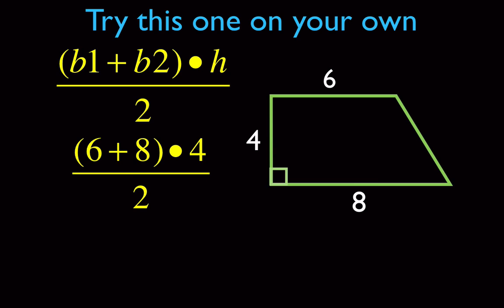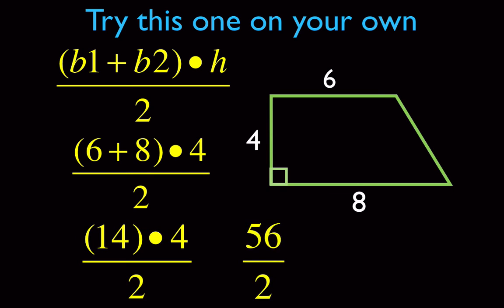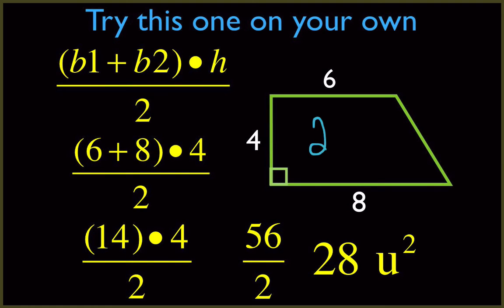Adding that together, we're going to get 14 times 4. 14 times 4 is 56. 56 divided by 2 is 28 units squared. A very common thing that people do is they'll go ahead and write that 28 units squared inside there. And especially when you break up multiple areas, that way you can kind of keep track of them.